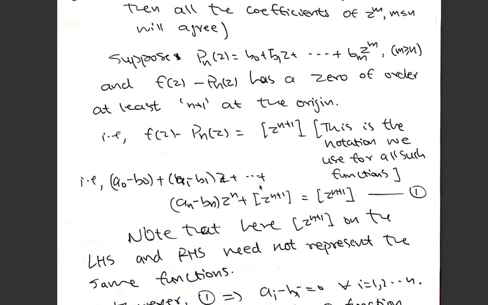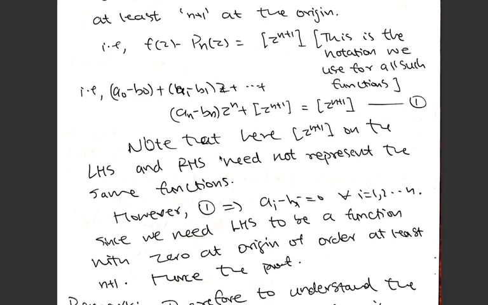Now let us look at the proof of this. That is very easy. I mean, you write p_n(z) to be this and f(z) to be as mentioned earlier. Now f(z) minus p_n(z) has a 0 of order at least n plus 1. Therefore, f(z) minus p_n(z) can be denoted by this. Okay. Now you just write it down.